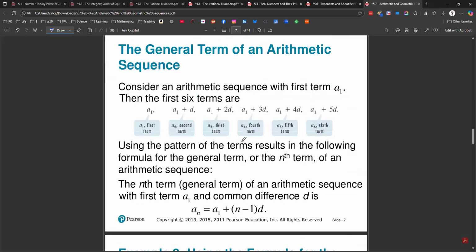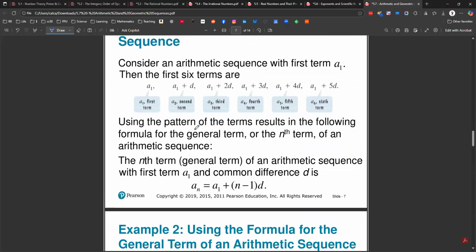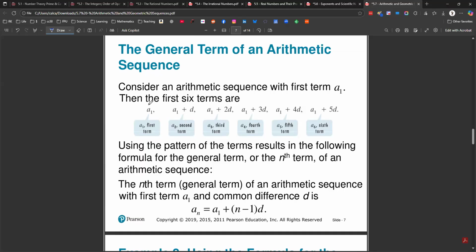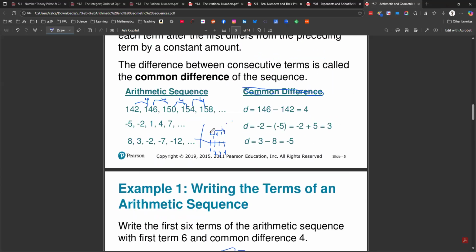The general term of an arithmetic sequence is starting with the first term and then moving out after every term after that. So you can write it as the first term, A1, and then based on where you are in that sequence, just like we were talking about up here, first, second, third, you're going to have 1 times 4, 2 times 4, 3 times 4.